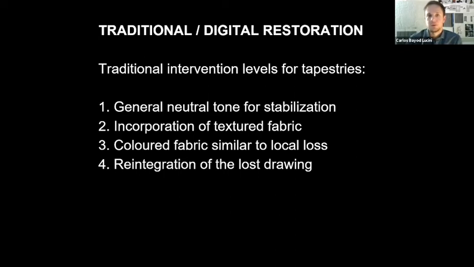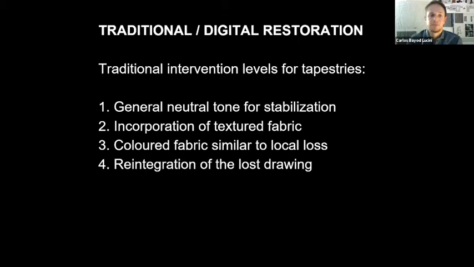When you are about to restore a tapestry like this with physical, or let's say material tools, there are, for example, a series of levels of restoration that you can do, from the more general to the specific.